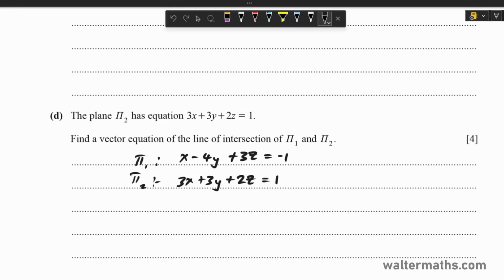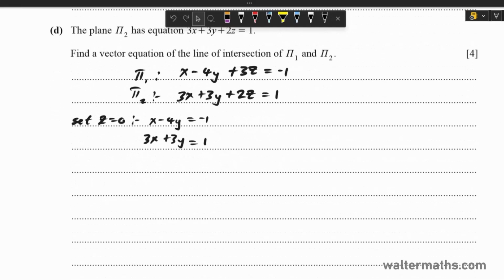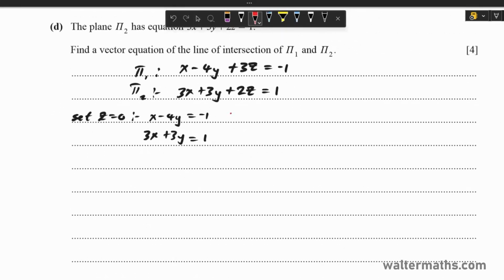All right. So I'm going to set z to be equal to 0. And when we do, we will be having x minus 4y equals minus 1 and 3x plus 3y equals 1. All right. And I'm going to solve these two equations simultaneously. So I'm going to call this equation 1 and this other equation 2.